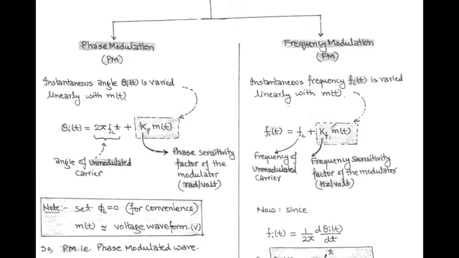Here Kf is a proportionality constant called the frequency sensitivity factor of the modulator, and here it is measured in Hertz per volt. And the first term is the frequency of the unmodulated carrier. So in case of frequency modulation, the instantaneous frequency is equal to the frequency of the unmodulated carrier plus Kf into m(t).